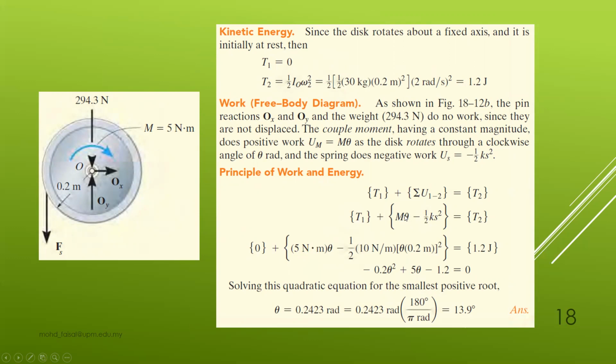It is M theta, the moment acting on this disc, times how much angle this disc rotates. Just put theta. Then on the second part here, what we have is due to the spring force Fs. The Fs is equal to minus half k x square. So just plug in the values.